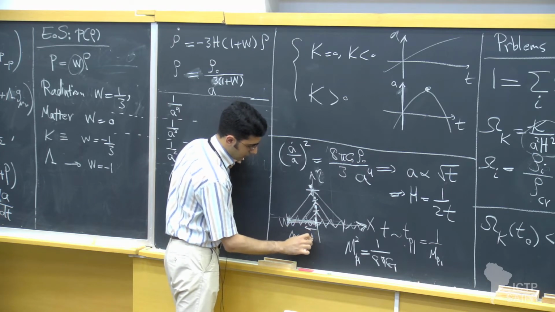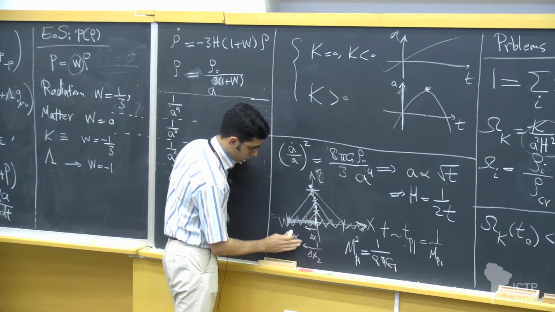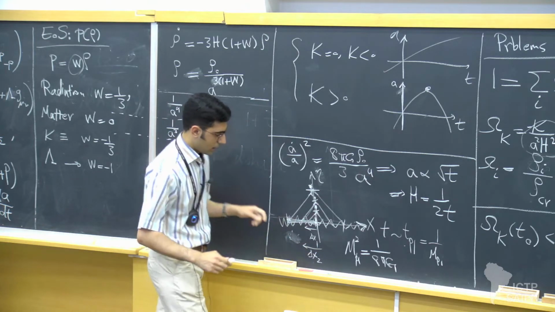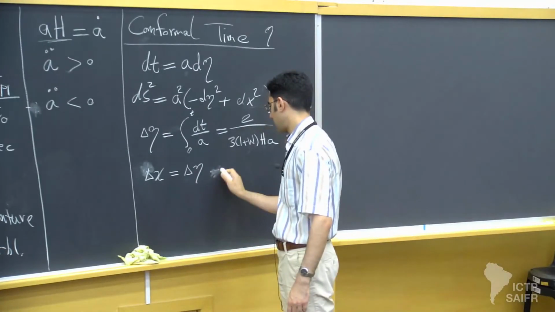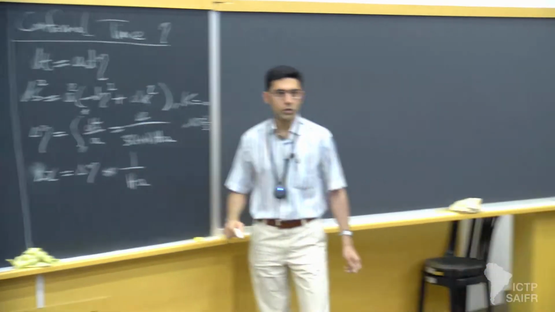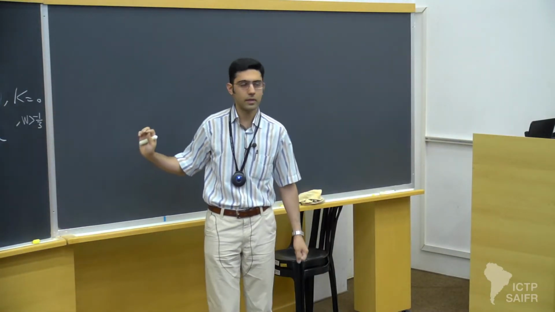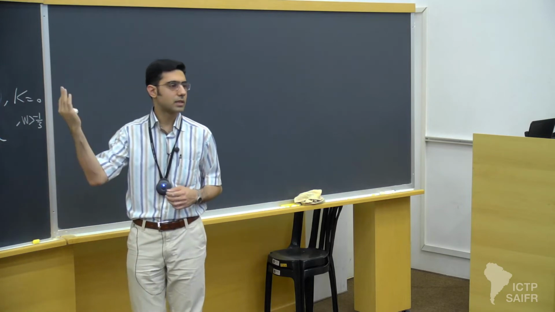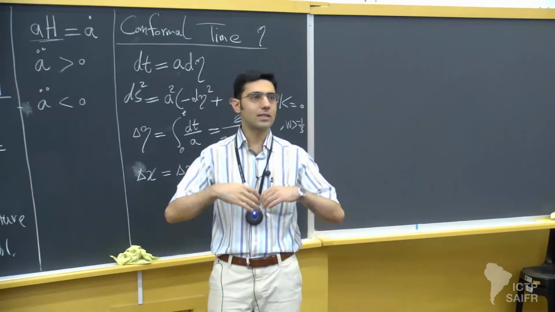So this is delta x1, this is delta x2, and so on. And that delta x is the same as this delta eta that I calculated here, and it's given by this quantity. It's something that is proportional to 1 over HA. And therefore, as a function of time, when W is larger than minus a third, this 1 over HA is growing with time. So as time passes, we see more and more.